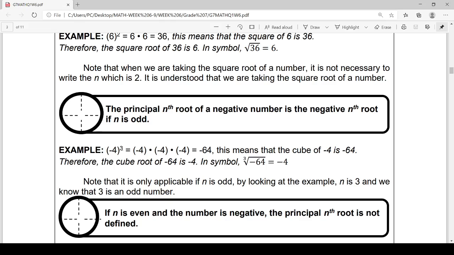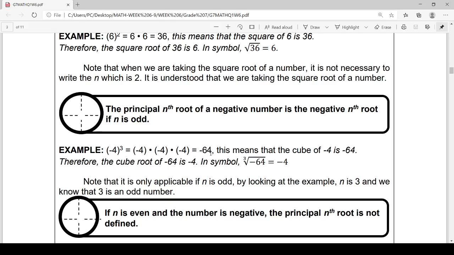So if your n is odd, therefore the nth root of this number, if it is negative, is always negative.